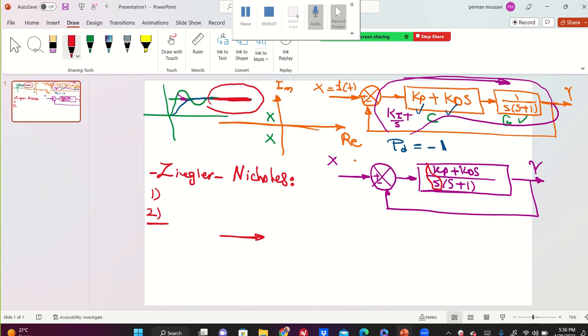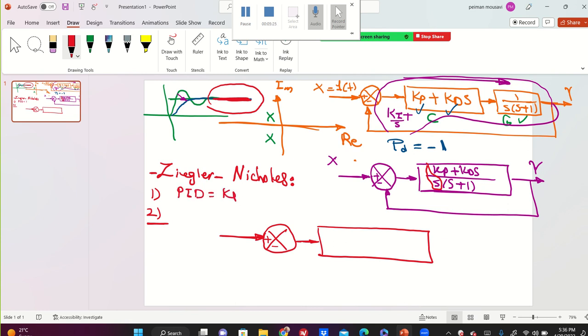Okay, let's do that. Remember, I told you that the PID controller is Kp proportional, plus KdS derivative, plus Ki over s.